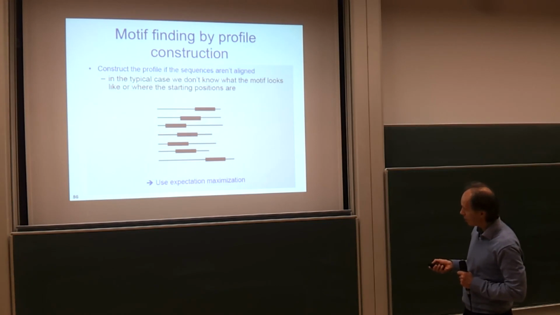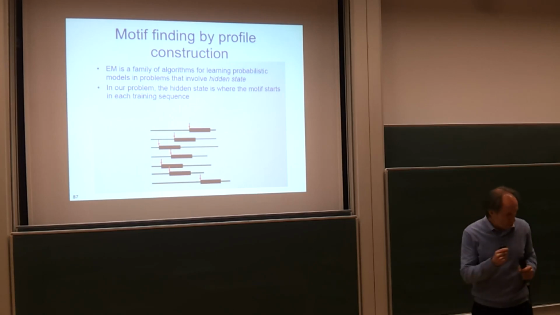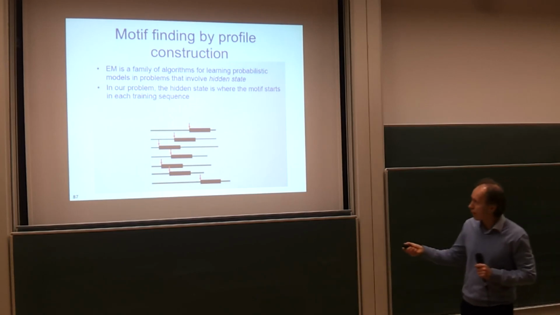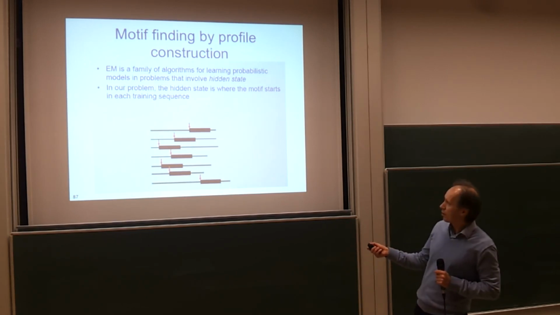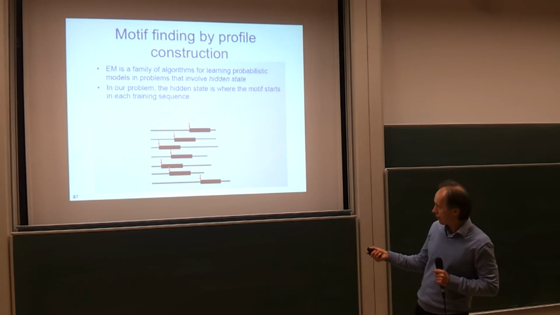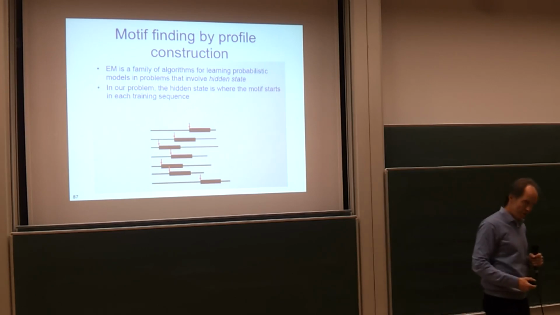We use, as I said, expectation maximization. So how are we going to describe each of these motifs in the sequences? By the start sites in the sequence, the residue number where each of the motifs will start. And if you are running the algorithm for 10 long motifs, the position where it stops is 10 letters further in the sequence.